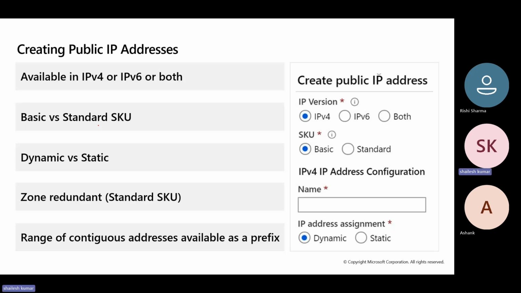You can assign public IP address dynamic or static. Dynamic means your IP address might change after a couple of days. Static means your IP address will be permanent, the same IP all the time. Standard IP also has zone redundancy, and that's why it provides you high availability.